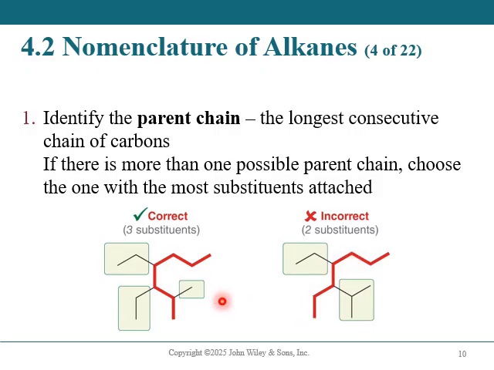So I have to pick which one will be the correct systematic chain. In this case, if I go with the structure on the right, I have 2 substituents, whereas if I go to the structure on the left, I have 3 substituents. That would be the correct structure that I would pick as my parent chain.